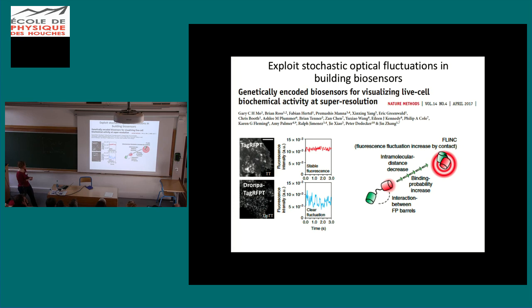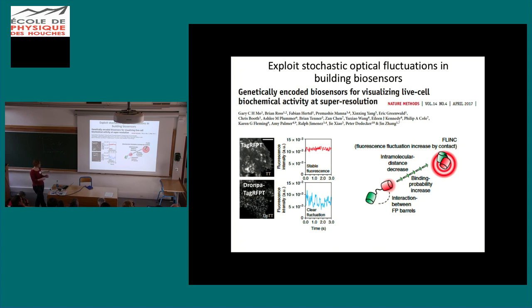If you take that same protein and you fuse it to something else, in this case Dronpa, and you look at the fluctuations, you see much greater fluctuations. And so they termed this fluorescence fluctuation increase by contact, or FLINC. The idea is that something about bringing Dronpa close to TagT is changing the blinking properties of TagT, such that you're now increasing the fluctuations when they're in close contact.